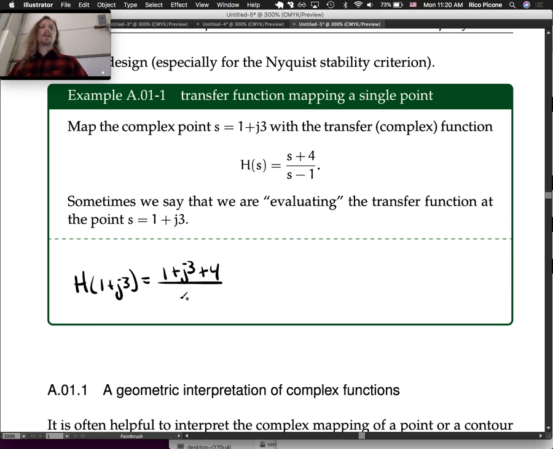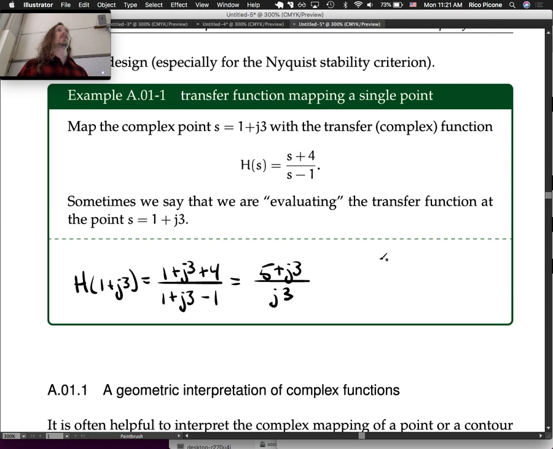In the denominator, we have 1 plus j3 again, s, minus 1. 1 minus 1 for the reals gives you no real part remaining. In the numerator, you can combine the real components, so you have 5 plus j3. In the denominator, we just have j3 left.